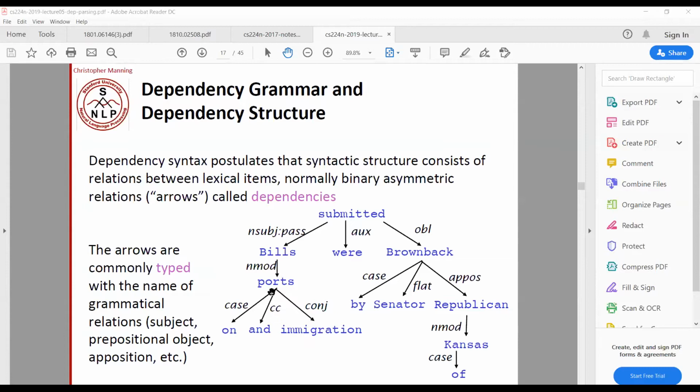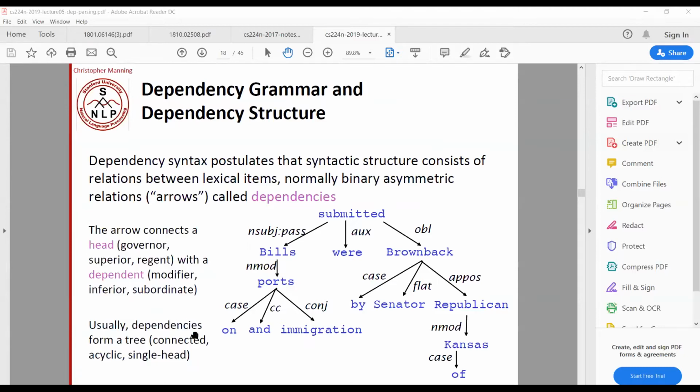So bills submitted were, so Republican Senator Brownback of Kansas submitted all these bills on ports and immigration. But this is really bad. He should have written the sentence that he's taking apart instead of just taking it apart. But you get the idea.